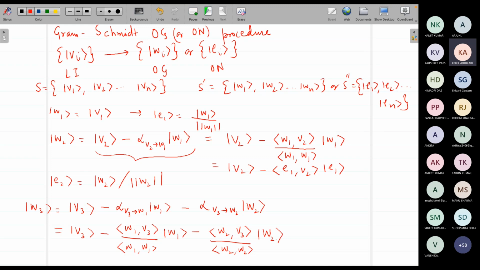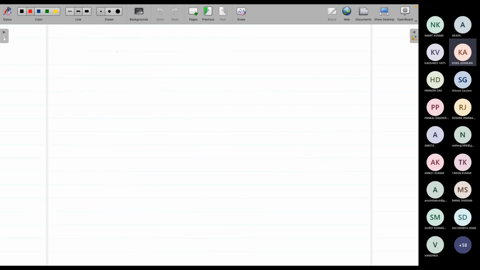You can also write this in terms of the orthonormal vectors E1 and E2. What will that be? It is V3 minus the inner product of E1 with V3 times E1, minus the inner product of E2 with V3 times E2.